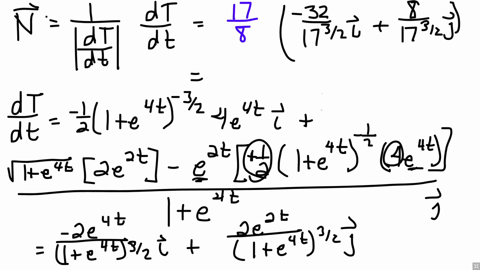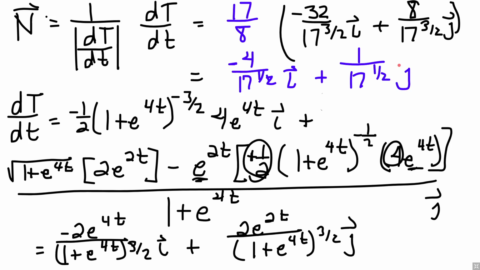And then if we multiply this out, we're going to end up with negative 4 over 17 to the 1 half in the i direction, plus 1 over 17 to the 1 half in the j direction. Now, if you write it as a square root of 17, that's the same thing as 17 to the 1 half. Any questions?